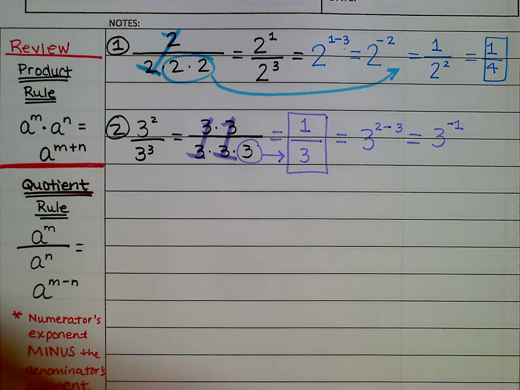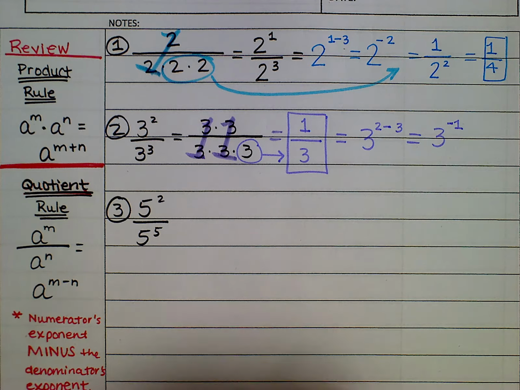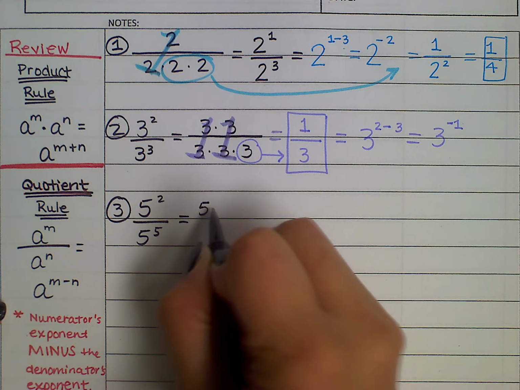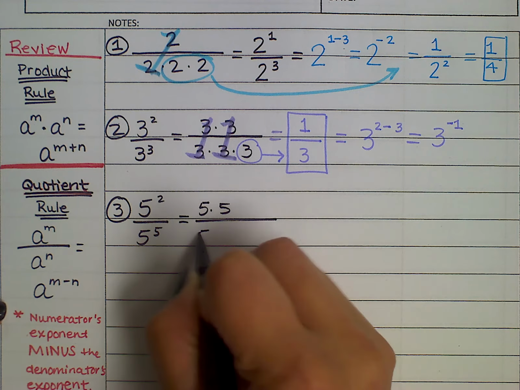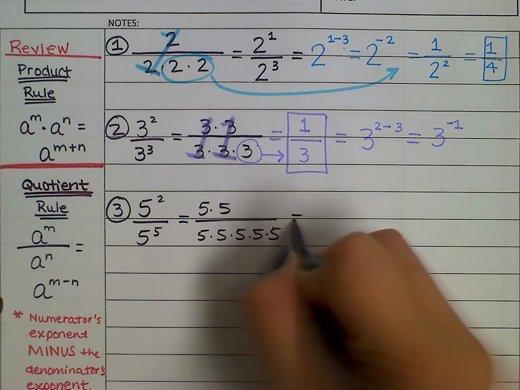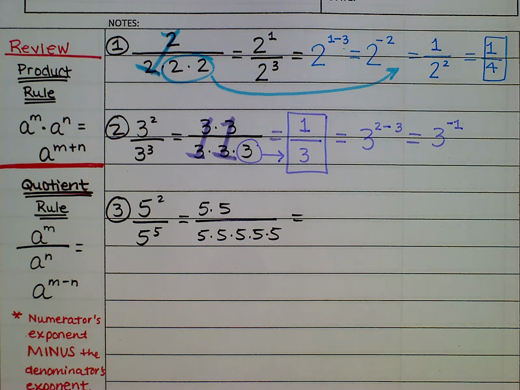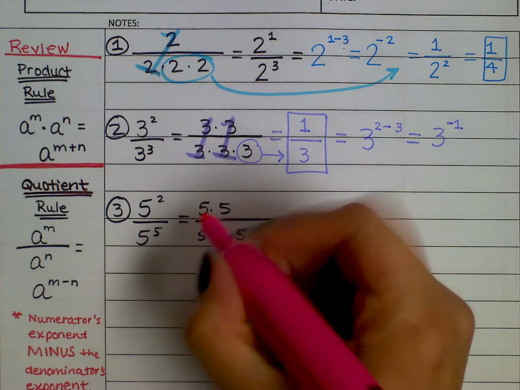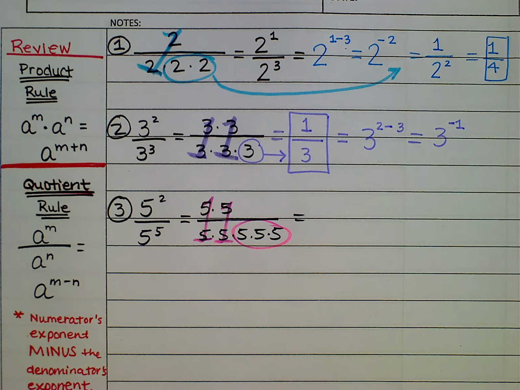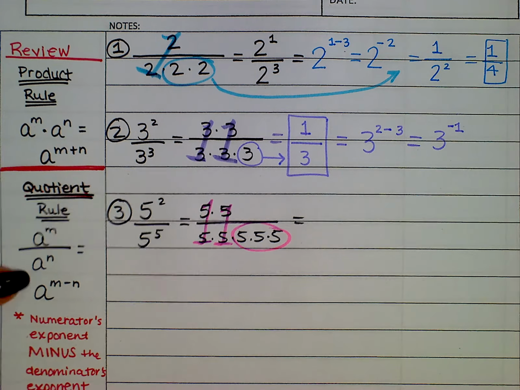Interesting. Example number 3. 5 squared over 5 to the 5th power, of course, expanded out would look like this. Now, of course, I could reduce to 1, 5 over 5 and 5 over 5, leaving 3 5s in the bottom. Or I could again use my quotient rule.